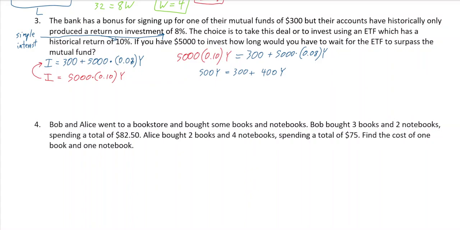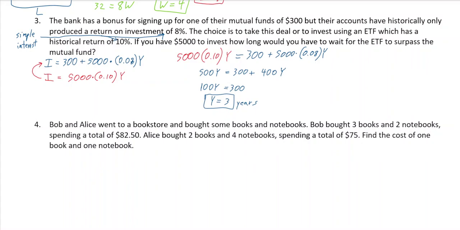So we're going to subtract 400y on both sides, so we get 100y equals 300. Then you're going to divide by 100 on both sides, so then we get 3. So it's going to take 3 years that you'd have to wait to catch up.